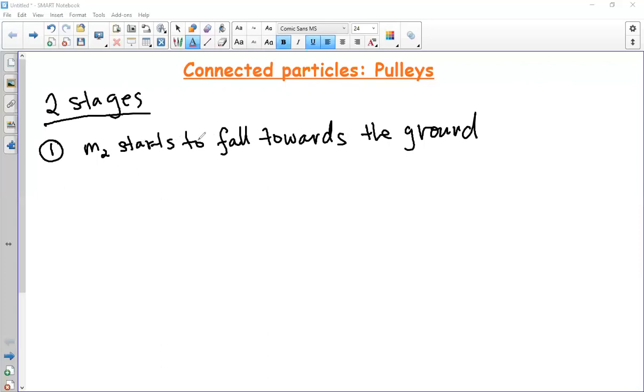So what is happening when M2 starts to fall towards the ground? Well, there's a few things happening here. Let's do some bullet points to summarize.